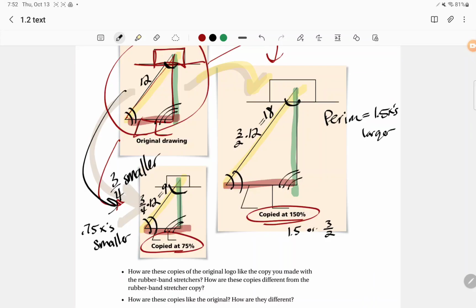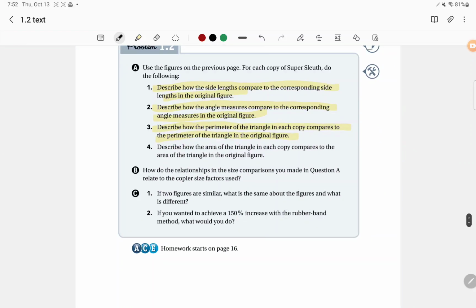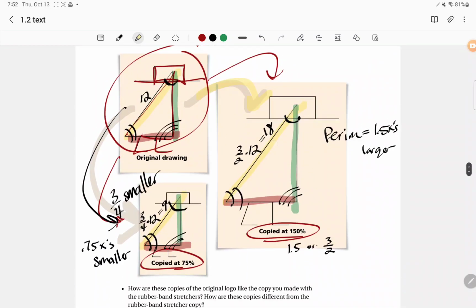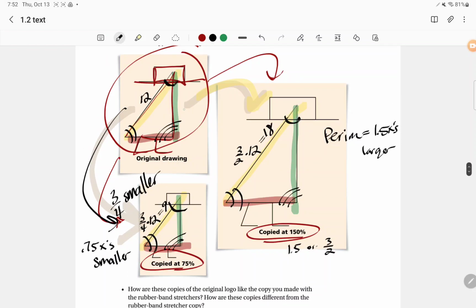And now if we look at the areas of these things, so on the last question, describe how the area compares. We're going to study the area quite a bit more, but for this one, if you just throw some arbitrary numbers in there, like let's say that this is 10 and 8, then you can figure out what the other ones are going to be.